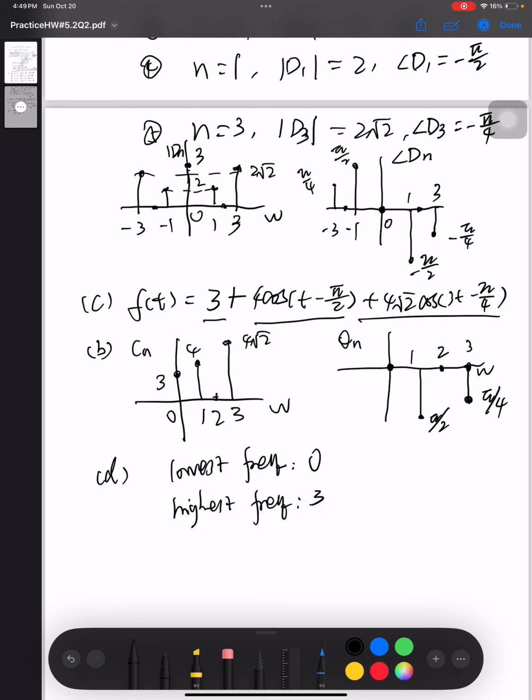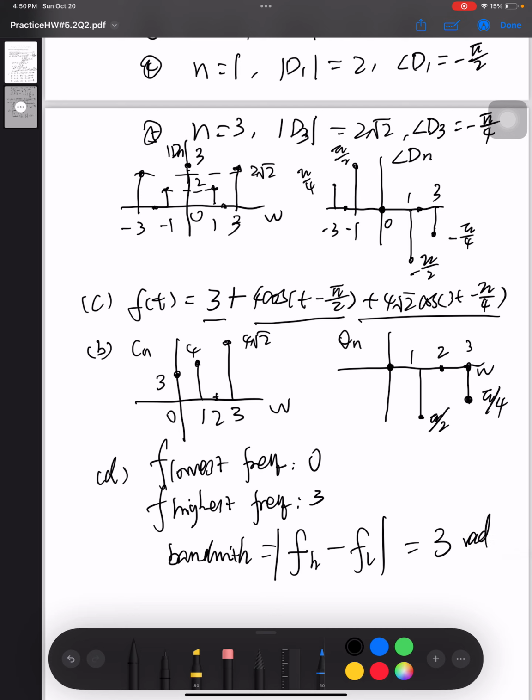So the bandwidth is the absolute value of the highest minus the lowest, which equals 3. And this is omega, in radians, so it equals 3 rad/s, or 3 over 2 pi hertz. So that's it. Thank you.